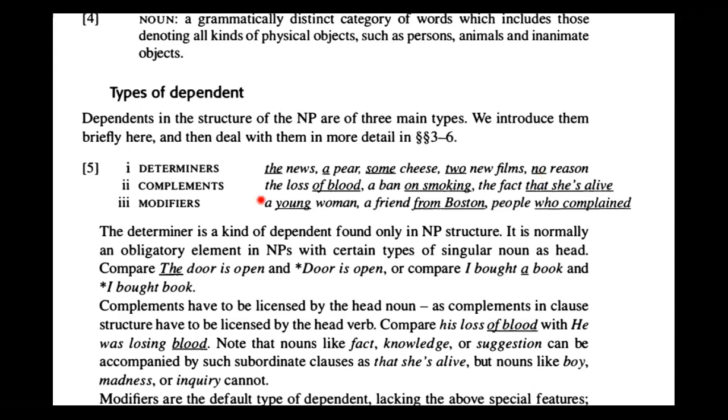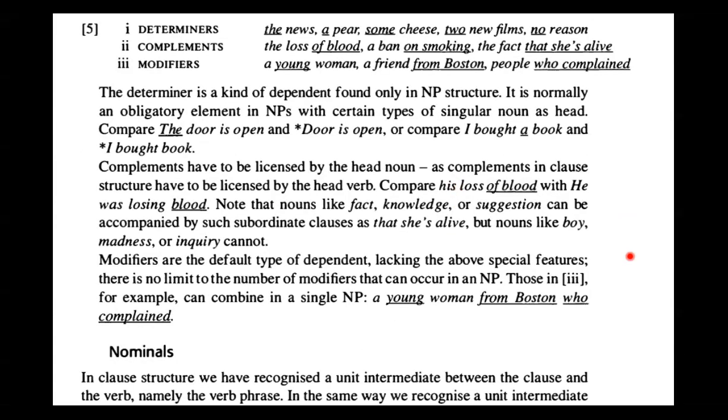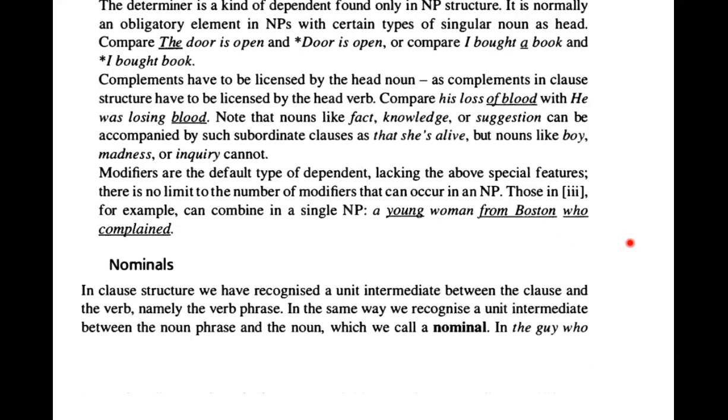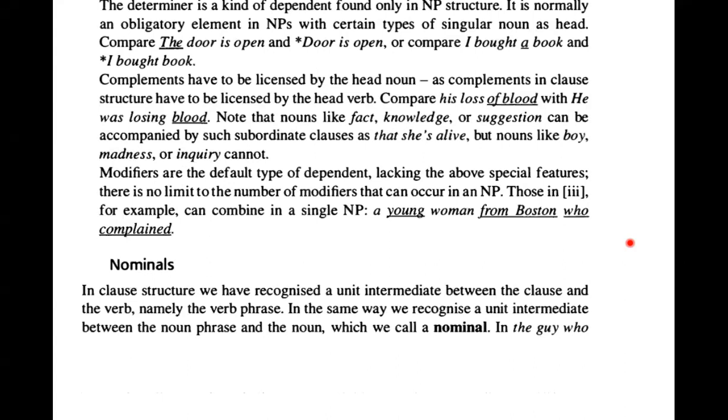Now here we have modifiers, like a young man. We mentioned pre-head adjectives, so this is the category of it. A young woman, a friend from Boston, people who complain. All of them we consider modifiers. For example, here, a young woman.